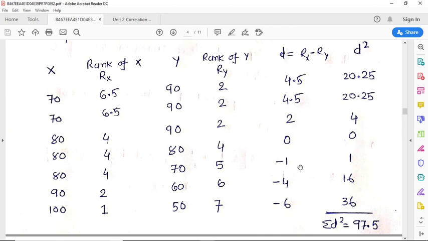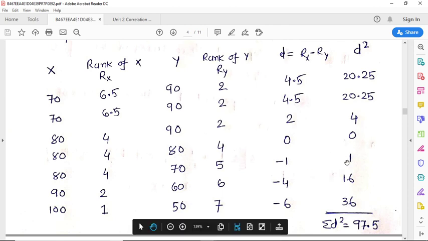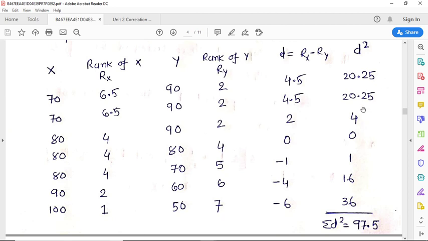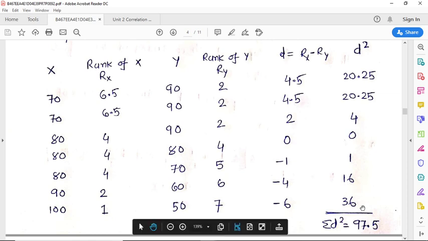Negative squares will now convert to positive, so it is 1, 16, 36. And take the total, that is 20.25 plus 20.25, that is 40.5, plus 4 plus 1 plus 16 plus 36, so we'll get 97.5.